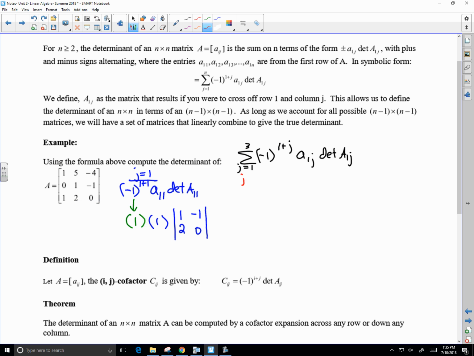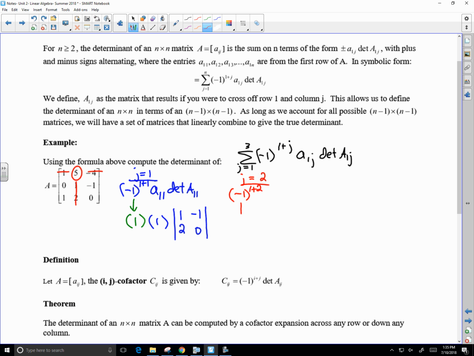So then when j is equal to 2, I'm crossing off row 1 and the column that it's in, and finding the determinant of everything else. I'll write the expression out at least for this one: -1 to the 1 plus 2.